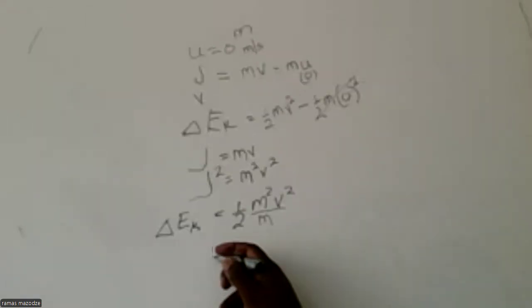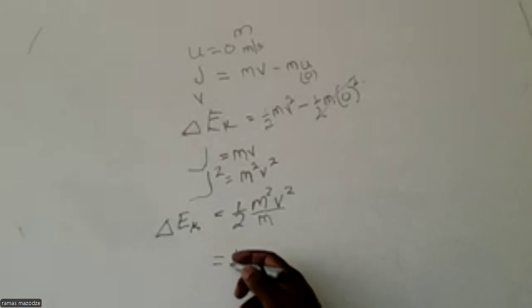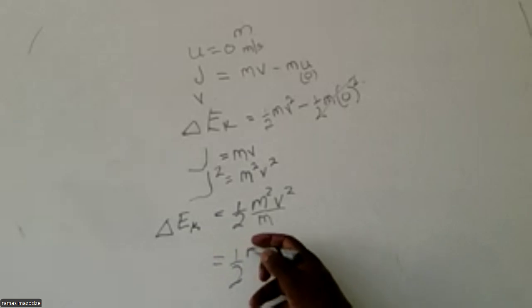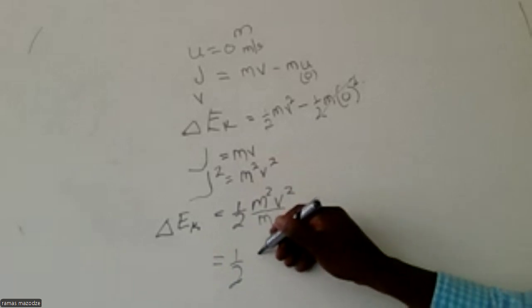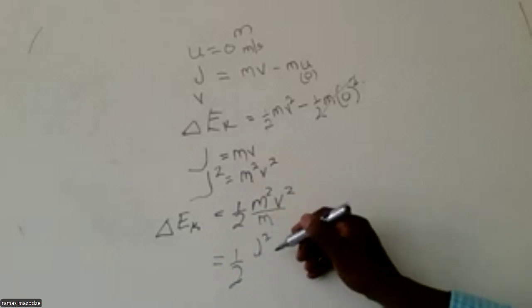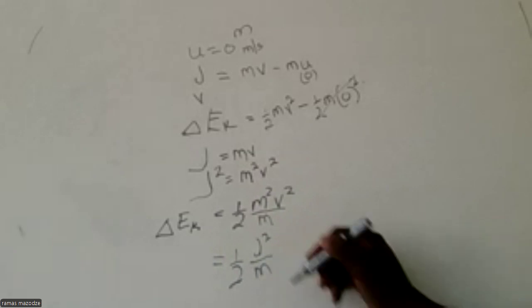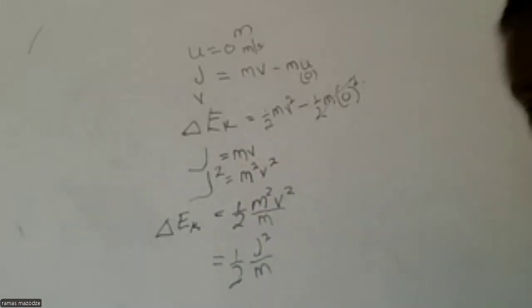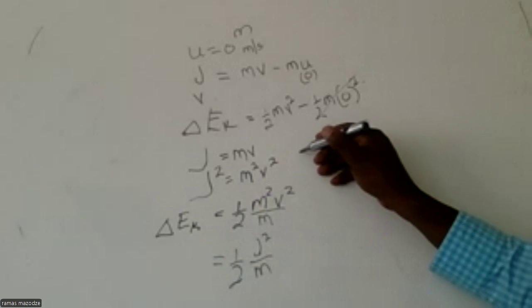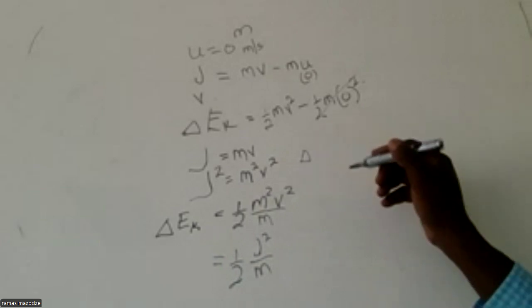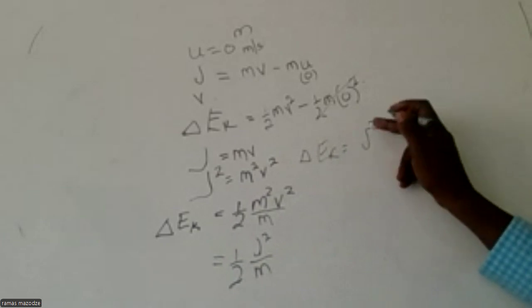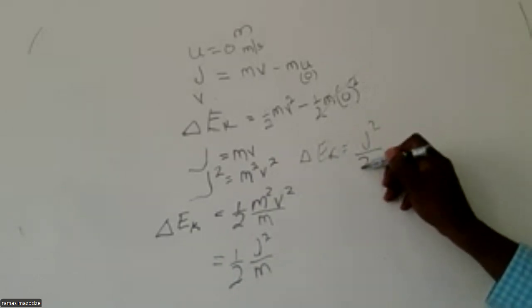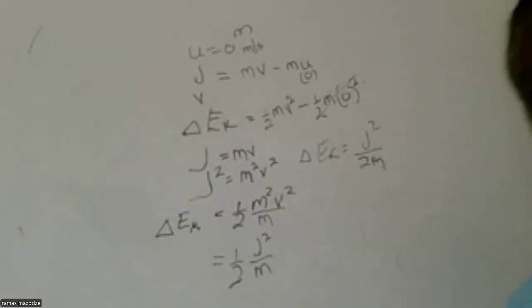So now I can rewrite it as half J squared over m. Good. And it was given like this: change in EK equals J squared over 2m, which is this.